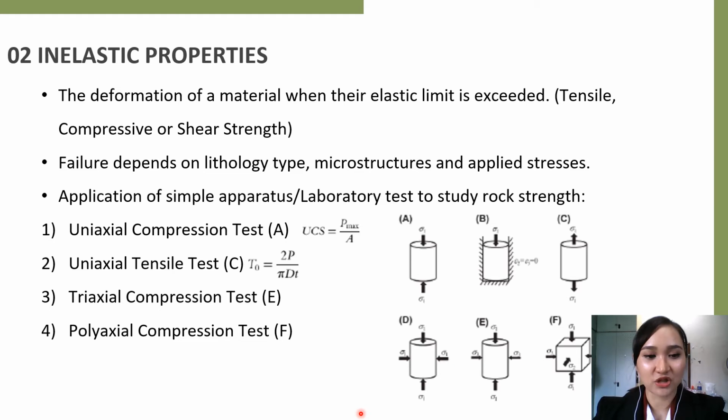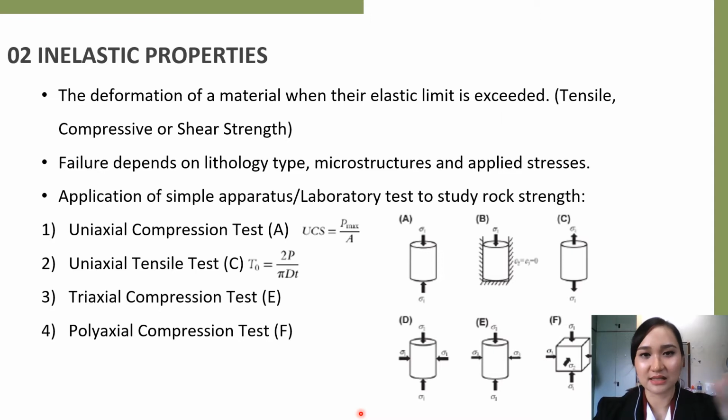And next we have the triaxial compression test. This is perhaps one of the most common tests conducted when we want to study the mechanical properties that cover a wide range of stress values. We can see here it's visualized in cylinder E. And last but not least, we have the polyaxial compression test.